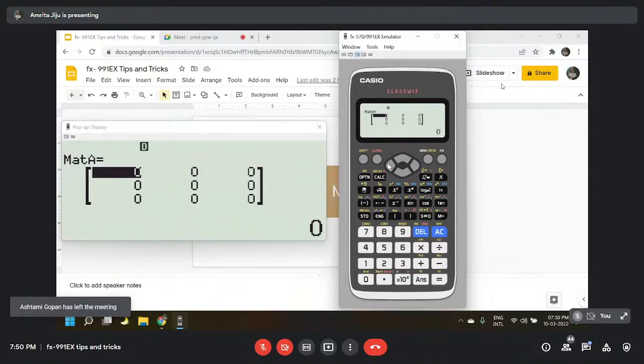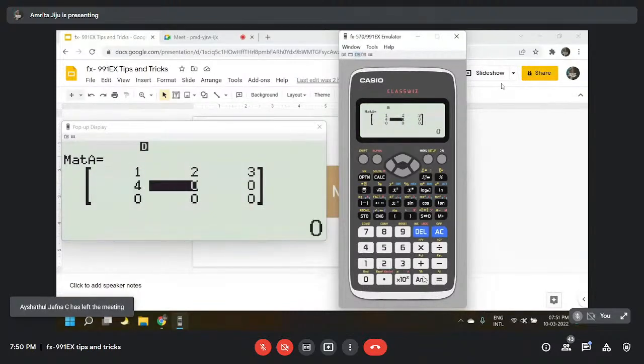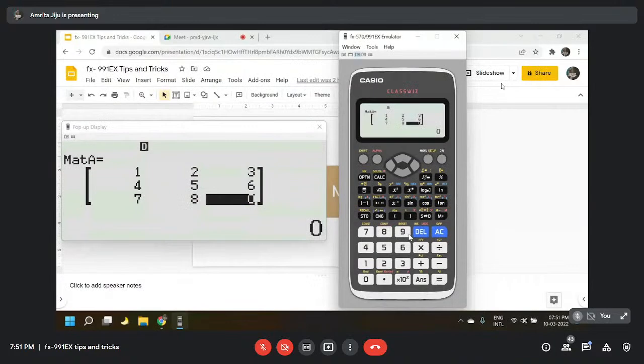As you can see here, you get a matrix display, and now you have to input the values. To input the value, just click the number, hit equal to. You can see that the 0 was changed to 1. Now hit equal to again. So we can fill the rest of the numbers like this: 5, 6, 7, 8, and 9.